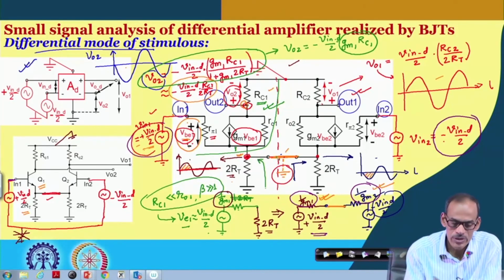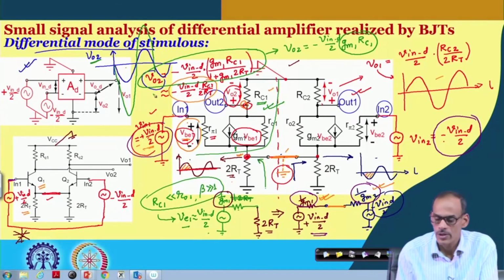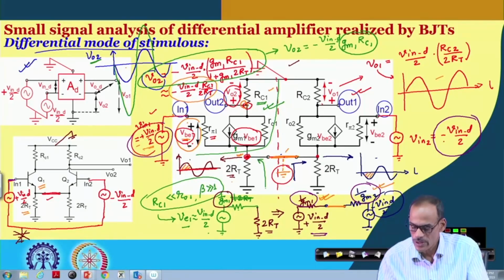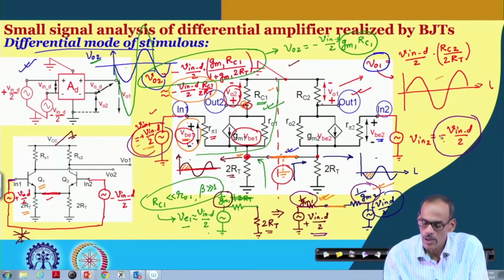So, with this connection, now VO2 got changed, and the change is in the magnitude of the output. The same thing, or equivalent things, happened at the other end. Once we make this connection, this voltage got increased, because VBE2 now becomes equal to the entire V in D by 2 with a minus sign.